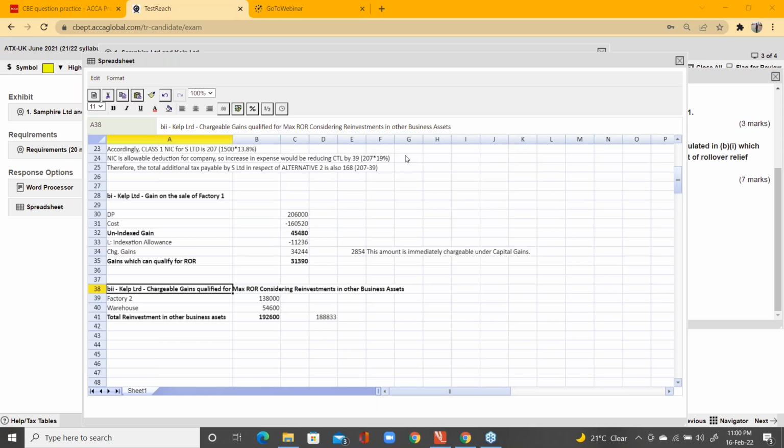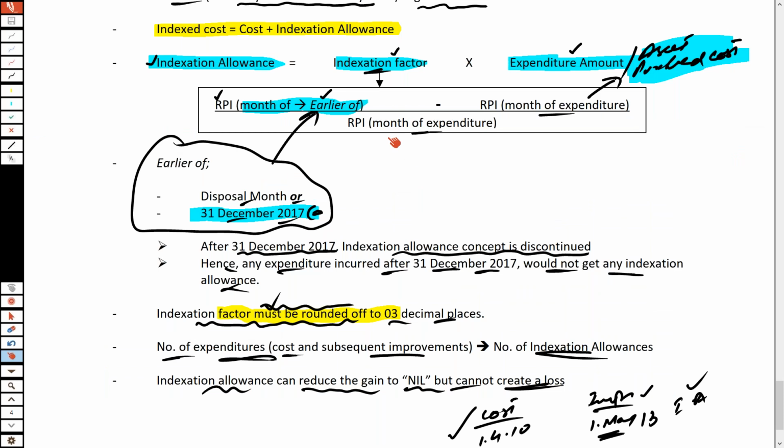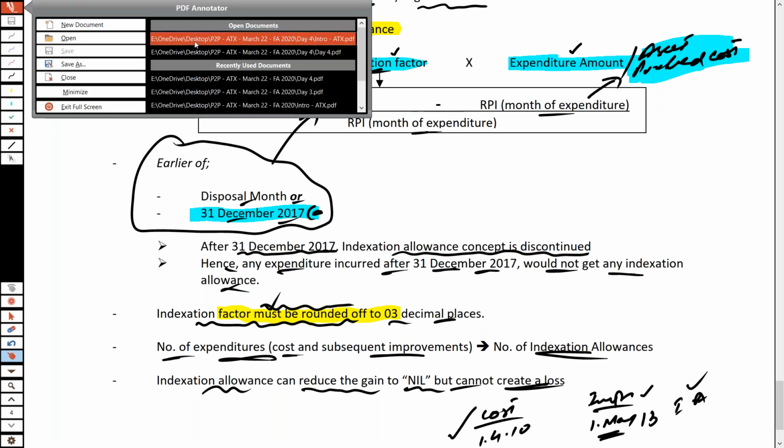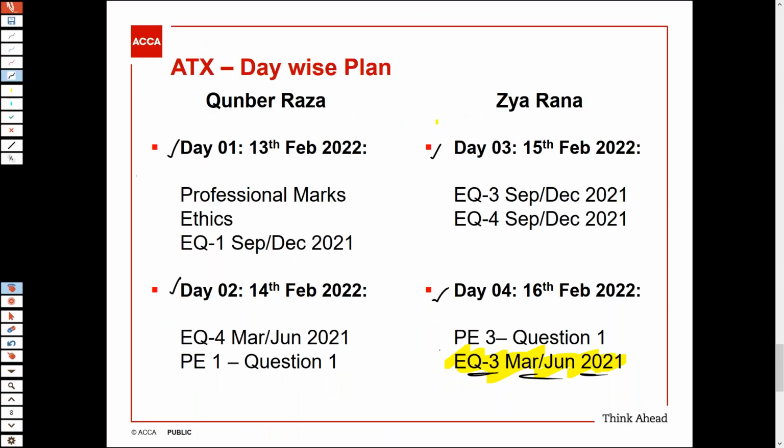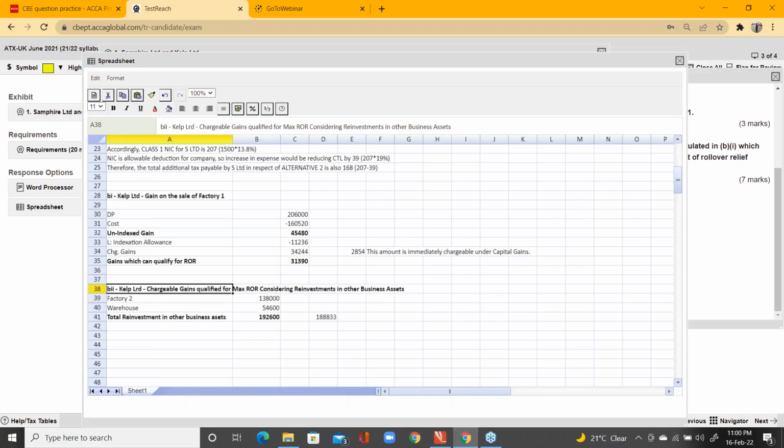So now my dears, we are done with the two questions. As we decided for today's agenda, we properly solved this question, as well as we just completed exam question 3 of the March June 21 exam. Hopefully you enjoyed this session, and we tried to sum up all of the things.